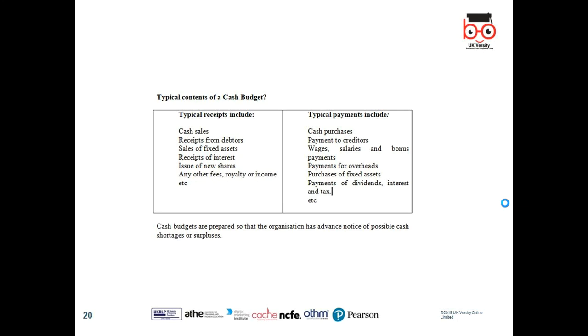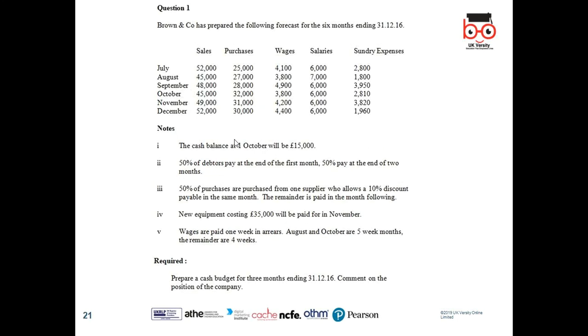So we need to make a budget. A typical cash budget will say how much cash receipts we have, how much we pay, and if we are selling to debtors on a credit basis, how much cash we'll receive from them. This is the budget we will make. So this is the question.